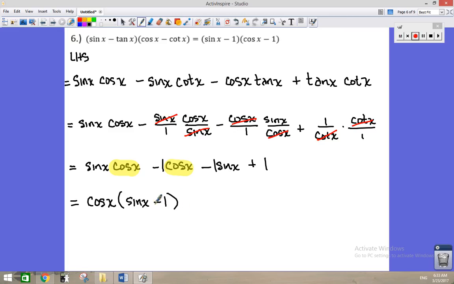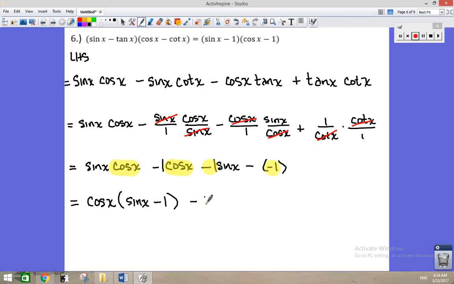Now, sine of x minus 1, boy, I wish I had that over here. And I kind of do. What if I factor a negative 1 from each of these terms? What if I look at plus 1 as minus a negative 1? Okay, so I see that I have a negative 1 that's common to both of these terms.